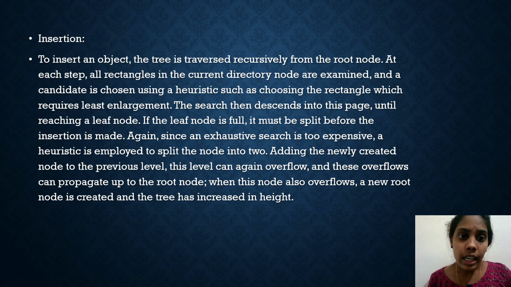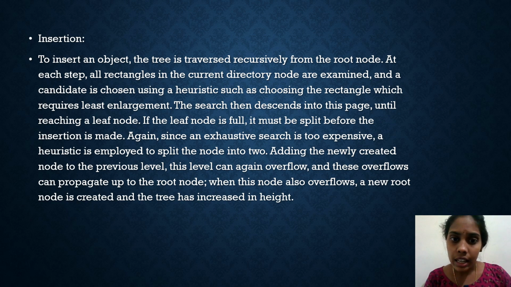Insertion. To insert an object, the tree is traversed recursively from the root node. At each step, all rectangles in the current directory node are examined, and a candidate is chosen using a heuristic such as choosing the rectangle which requires least enlargement. The search then descends into this page until reaching a leaf node. If the leaf node is full, it must be split before the insertion is made.